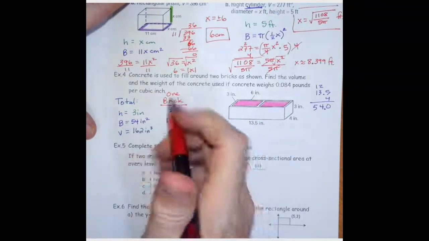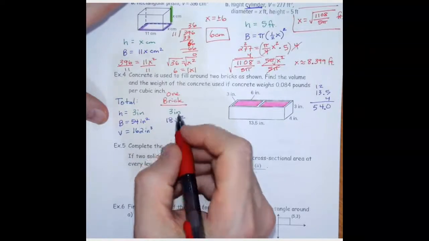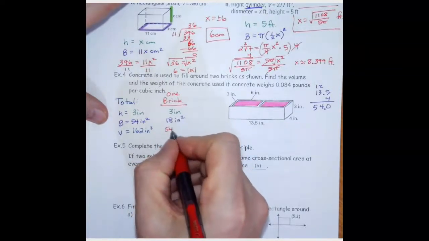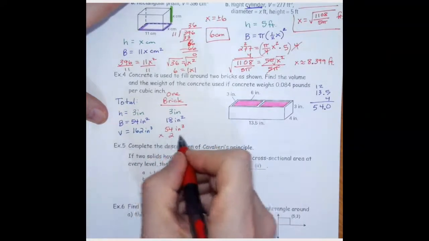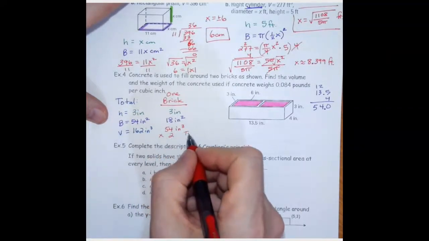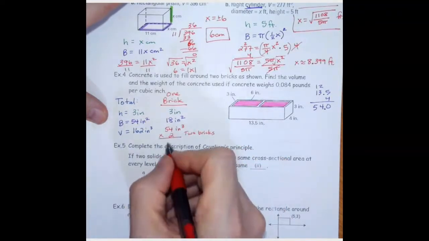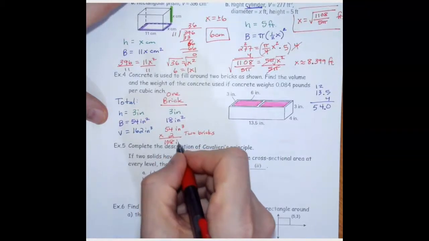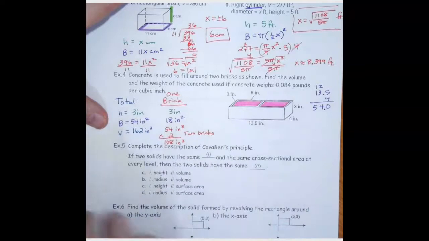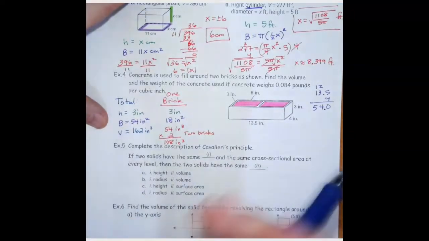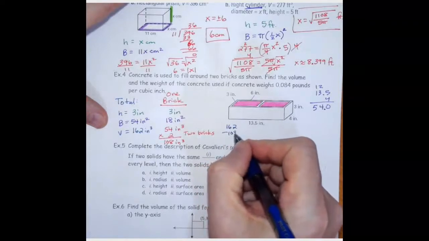So the brick itself, 3 times 18, is 54, actually. Okay, so that's 1 brick, but we got to multiply that by 2, because there are 2 bricks. So that's going to be 108 inches cubed. Okay, so if we take those and subtract, we would have 162 minus 108.